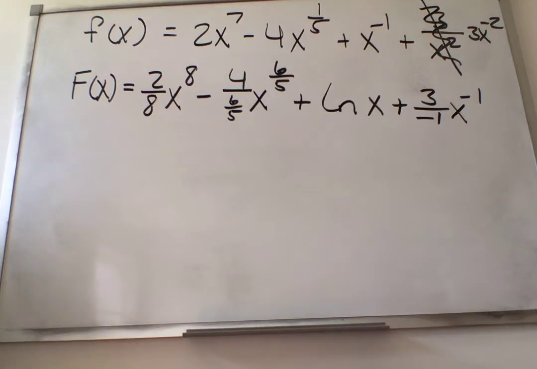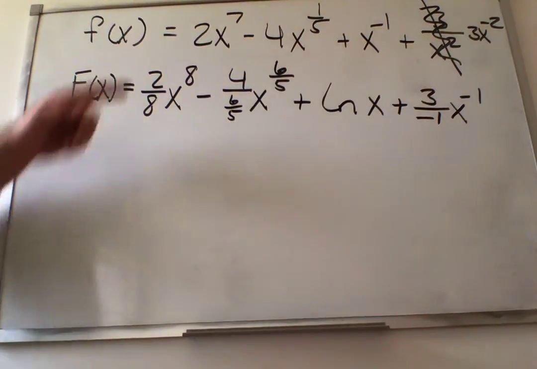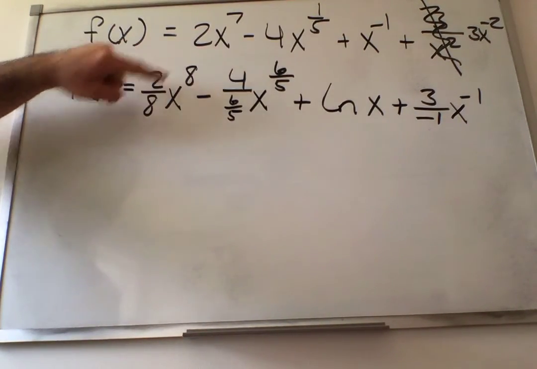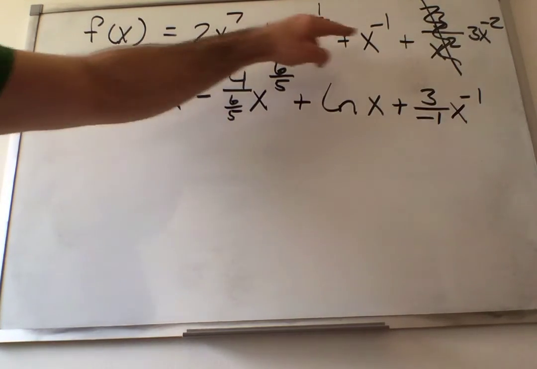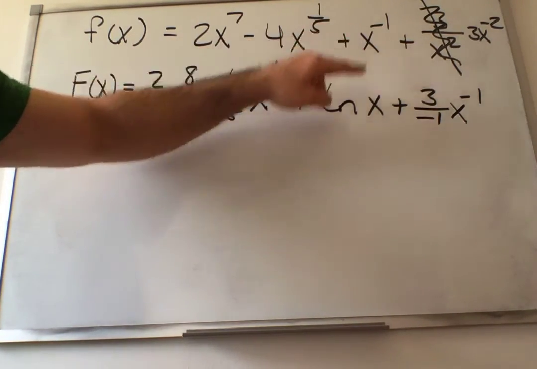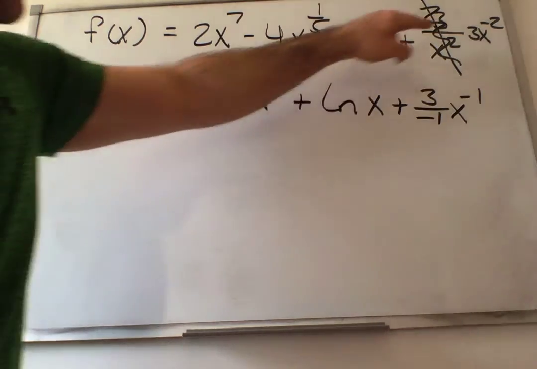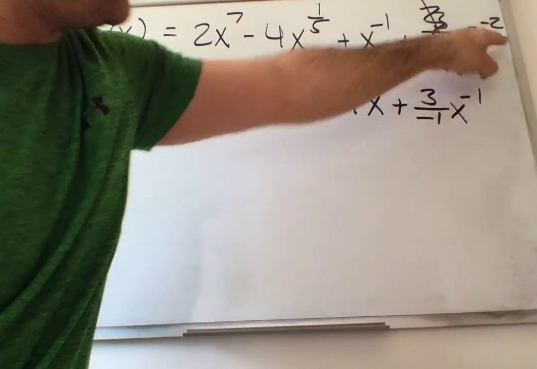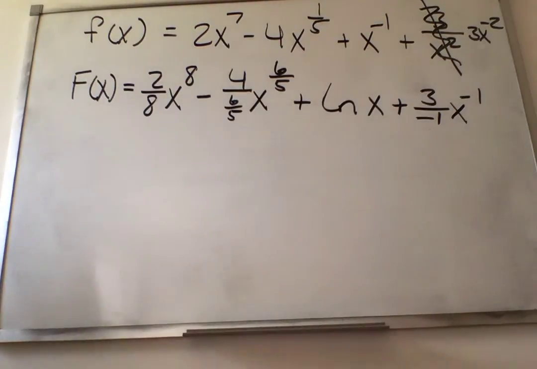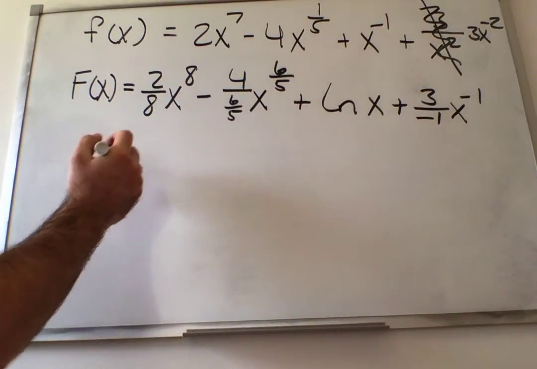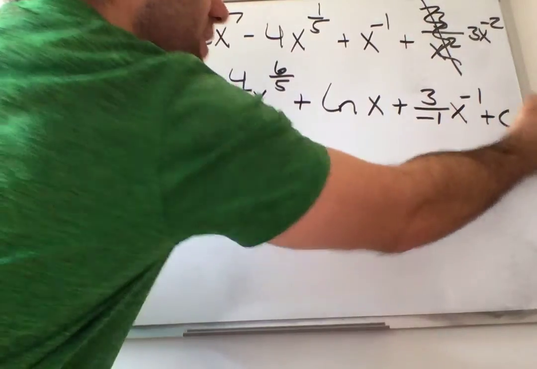So that's what I did here for the power rule. I went up one power, divided by that power. The other was a special case where you get natural log. Go up one power, negative 2 plus 1 is negative 1, and then I divided by that power. So, plus c. Don't forget your plus c.